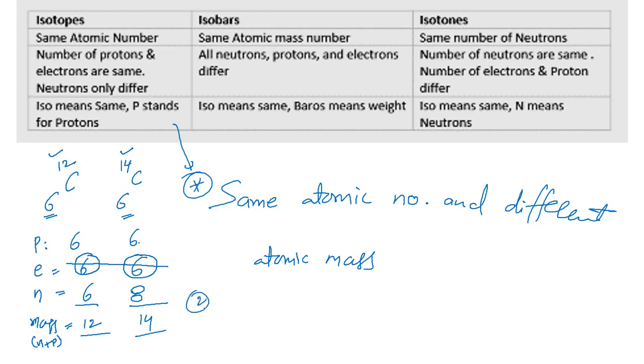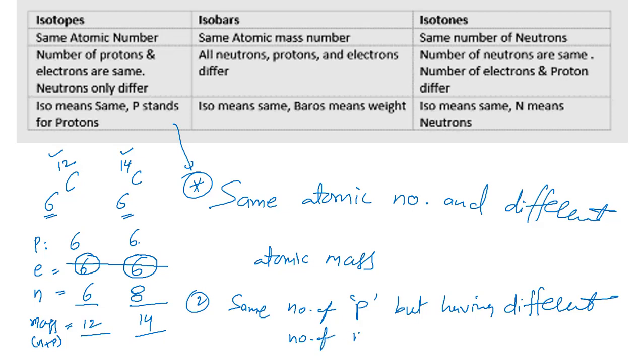This is one definition. The second definition is same number of protons but having different number of neutrons.